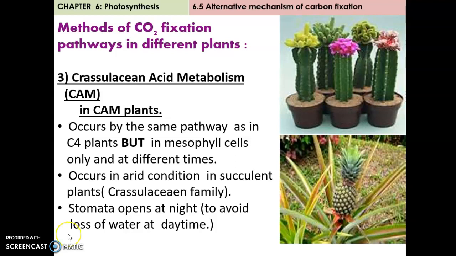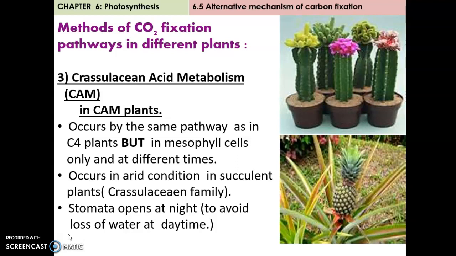As I said in the first video to describe photophosphorylation, CAM plants are special because the stomata open at night. Carbon fixation occurs twice in the same cell, which is the mesophyll cell. Remember, the stomata open at night.